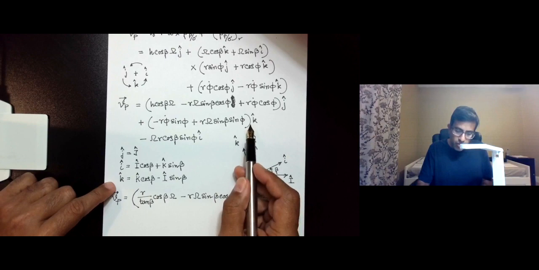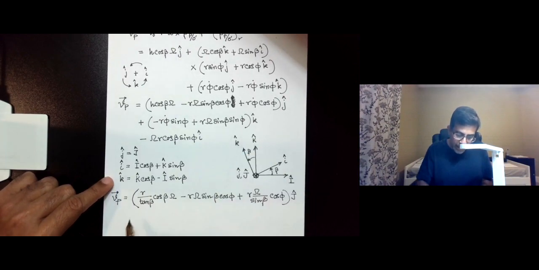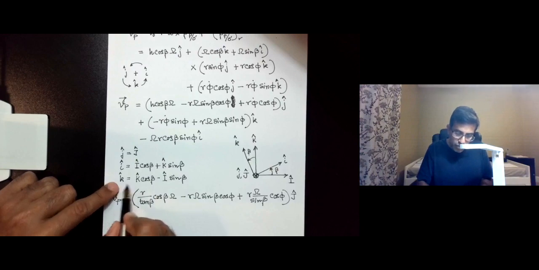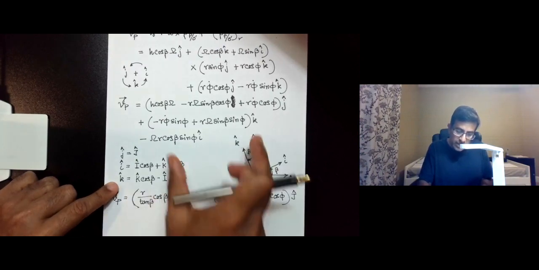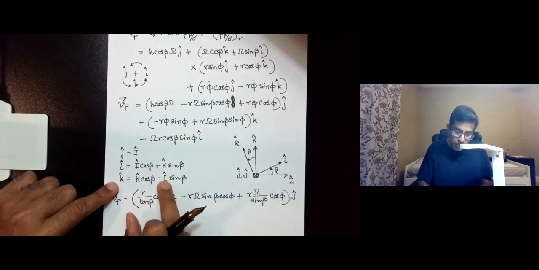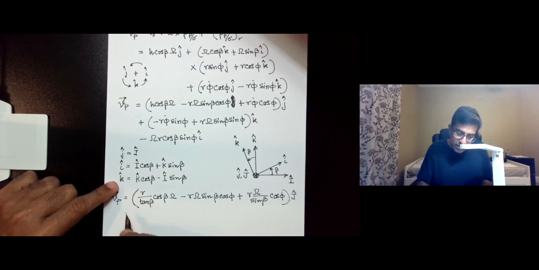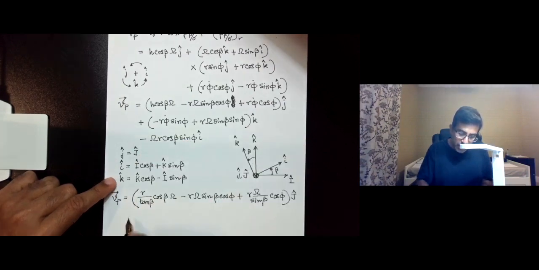Now the next one is k, and that k, if you now apply this transformation, you notice that k has got components in the capital K direction as well as components in the capital I direction. So let us take the component of this in the capital K direction first.